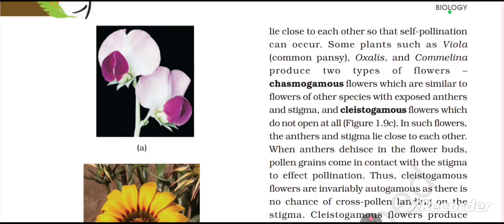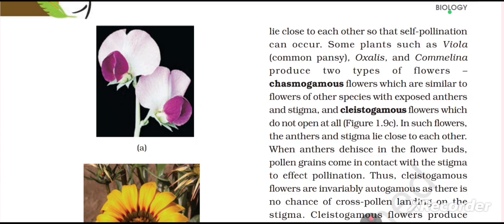Some plants such as Viola, that is common pansy, Oxalis and Commelina produce two types of flowers. Xenogamous flowers, which are similar to flowers of other species with exposed anthers and stigma, and cleistogamous flowers, which do not open at all. Figure 1.9c.